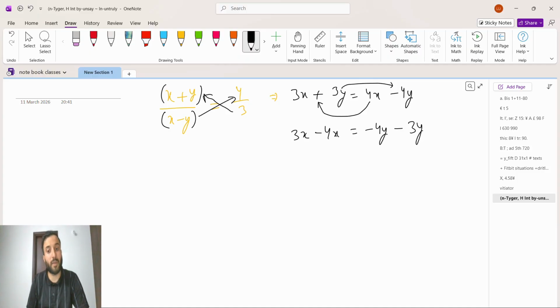So 3x minus 4x is minus x. If you don't know, take the calculator and do 3 minus 4. You will get minus 1, meaning minus 1x. Then minus 4 minus 3 is minus 7, so minus 7y. Minus minus cancels, so x equals 7y.